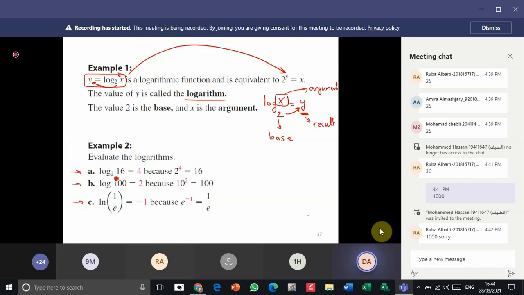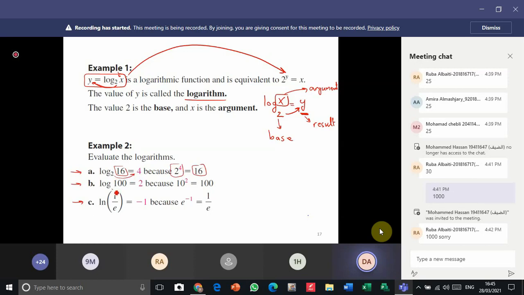Look at this example of equivalence between logarithm and exponential. If we have logarithm 16 to base 2, this equals what? 4, because 2 to the power 4 equals 16. This means 16 equals 2 to the power 4. The same here: this is base 10, but no need to write it.